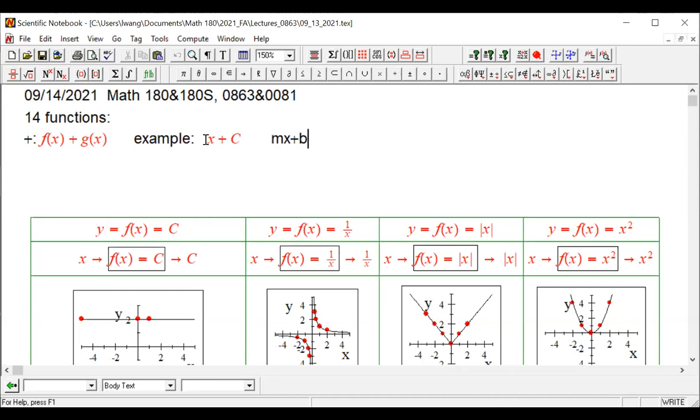And I can totally make a multiplication of m times x plus c, and I can very well make it b. The symbol really doesn't matter. So when we have these basic functions, we can add them and create new functions. Another example: ax squared plus bx plus c. Can I do that?